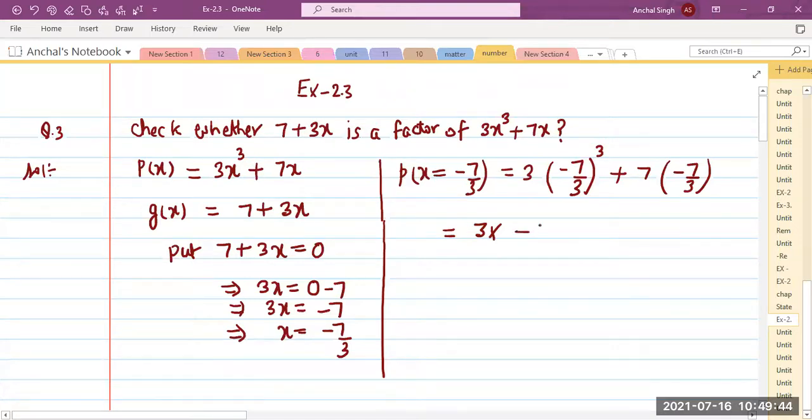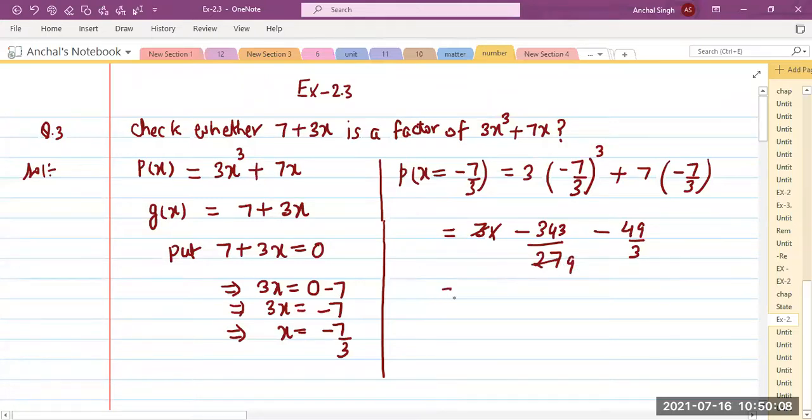So I'm writing minus 343. And 3 power 3 will give us how much? 27. So I'm writing 27 over here. Then positive into negative, this is negative. 7 sevens are 49 upon 3. Correct. Now solve it. 3 ones are 3, 3 nines are 27.